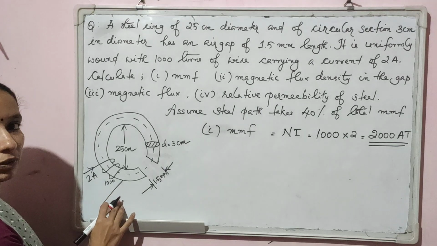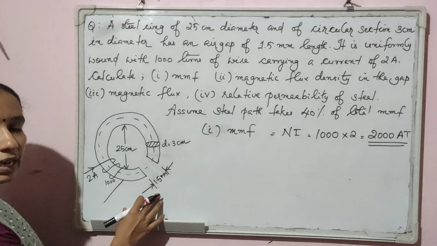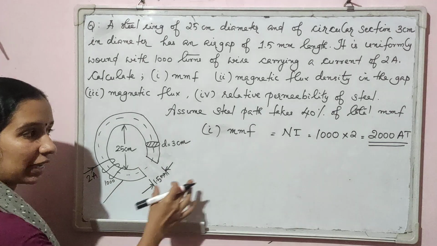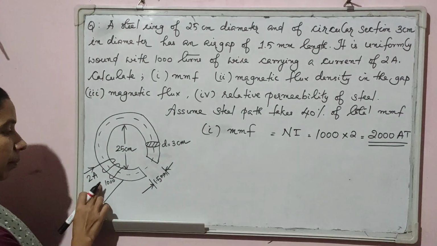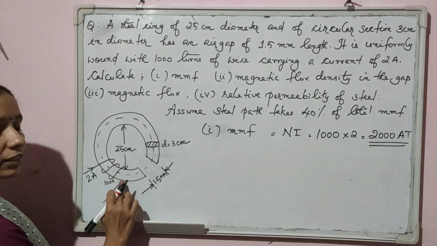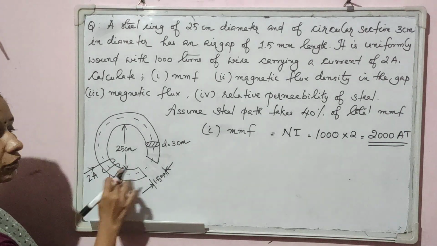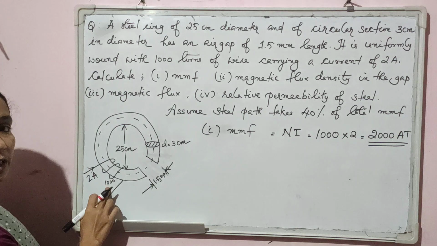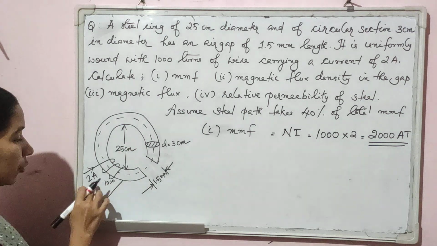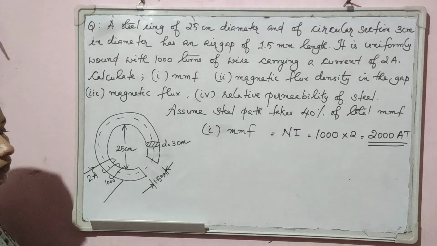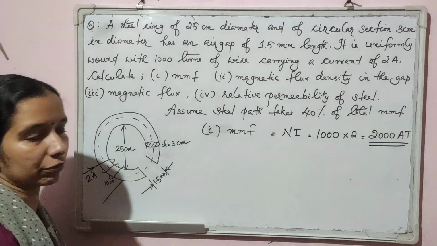This particular circuit gets the magnetomotive force by winding it with a coil and passing a current through it. So the total MMF is number of turns of the coil wound around it into the current passing through the coil.